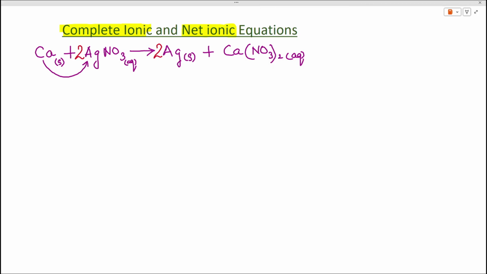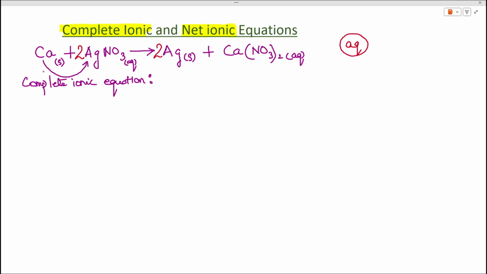Now we'll write the complete ionic equation. Keep in mind anything which is aqueous in a normal equation, it will break down into its respective ions in the complete ionic equation.